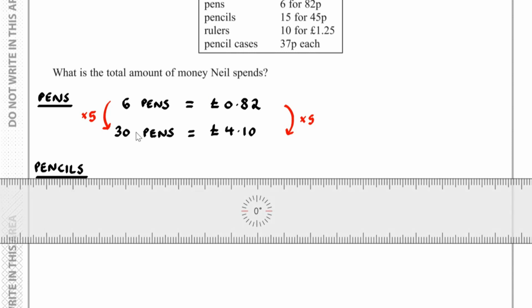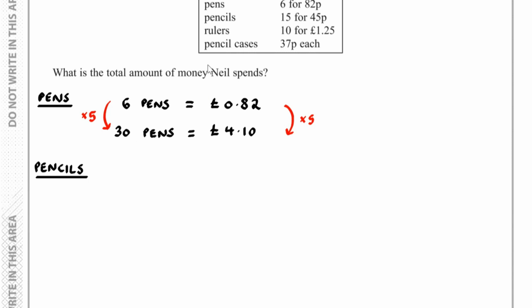With the pencils, we know that 15 of them would cost 45p each, or in other words, £0.45.